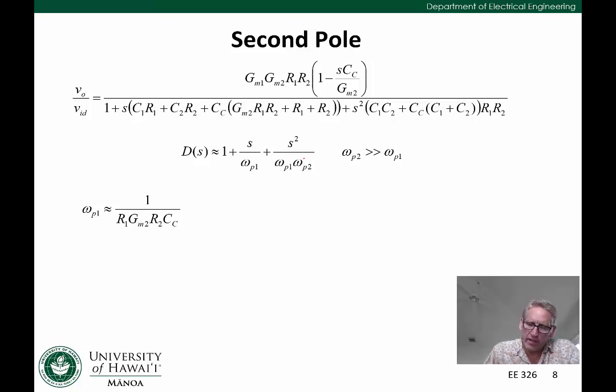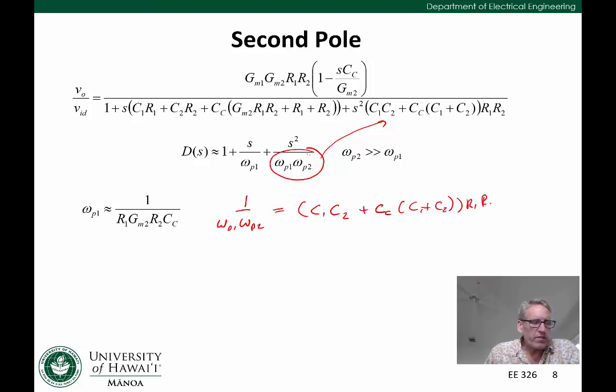If we equate omega p1 times omega p2 to this s squared term, then we see that 1 over omega p1 omega p2 is equal to C1 C2 plus CC times C1 plus C2, times R1 R2.